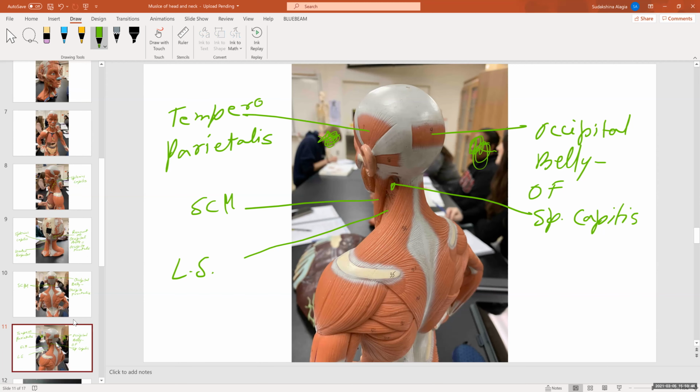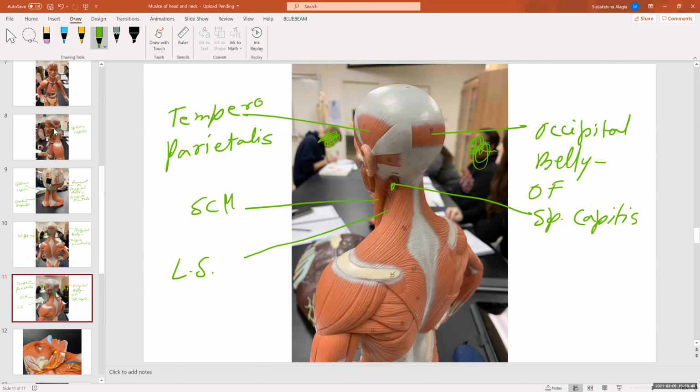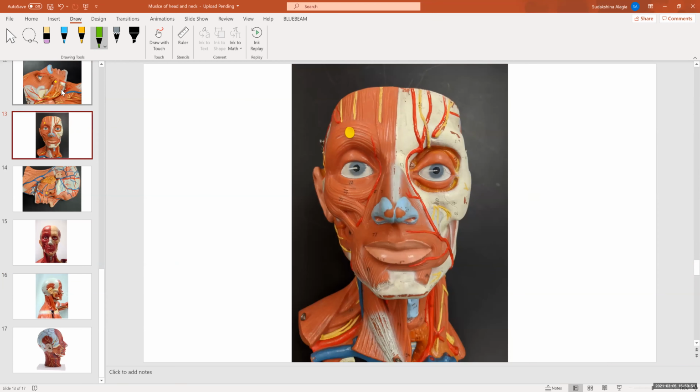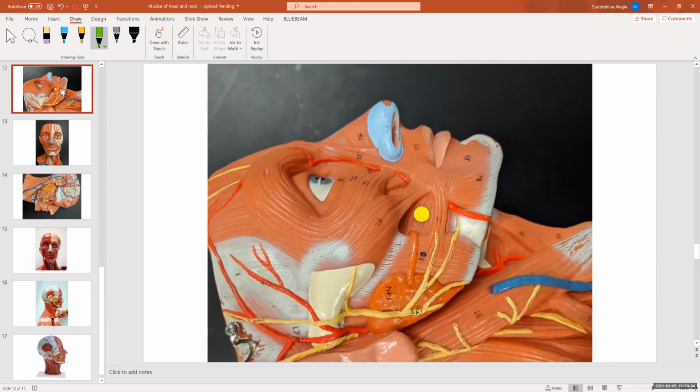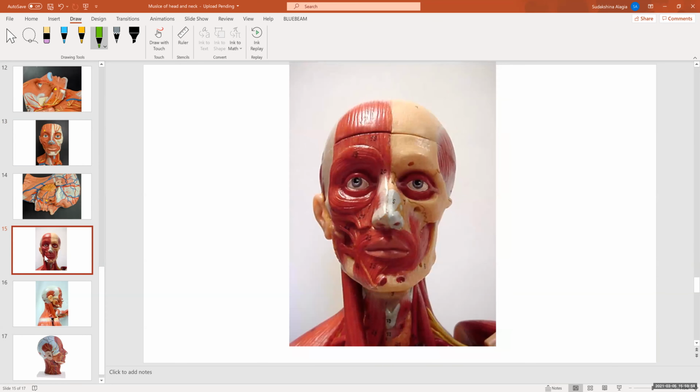There are a few more models here. For example, this and this and this. So here, this is what I mean by temporalis versus temporoparietalis. This is clearly temporalis. It's a pretty large muscle. Compare this with this.